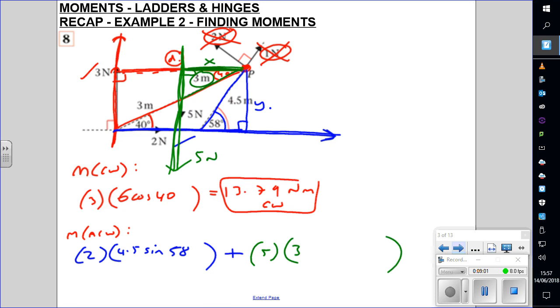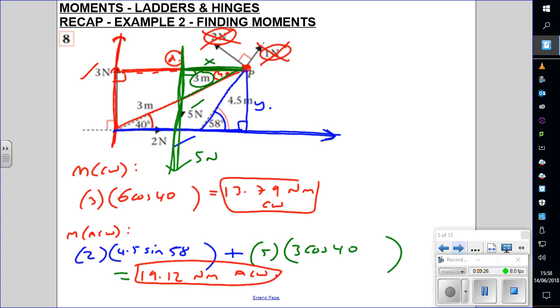There's your 3 there. And the angle is next to 40, so 3 cos 40. Okay? So that's all of the forces dealt with. So if we add those together, we're going to have 9 sin 58 plus 15 cos 40. So that's 19.12 Newton meters anti-clockwise.